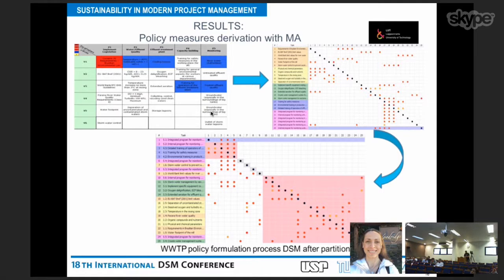So for this reason, we still have 25 policy measures.